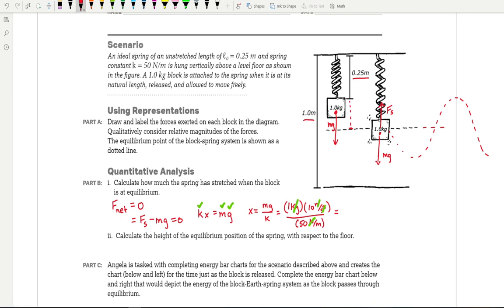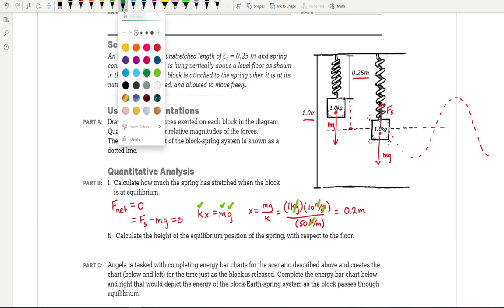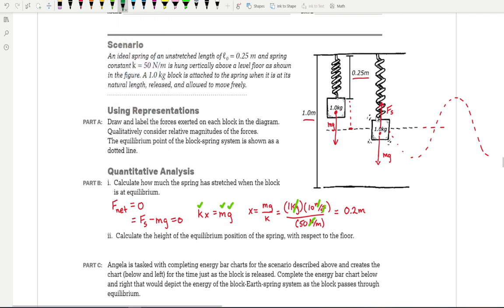That's a good thing. That means this equation makes physical sense. So 1 times 10 divided by 50 gives you 0.2 meters for our stretch distance. So this distance from this location in green down is going to be 0.2 meters.